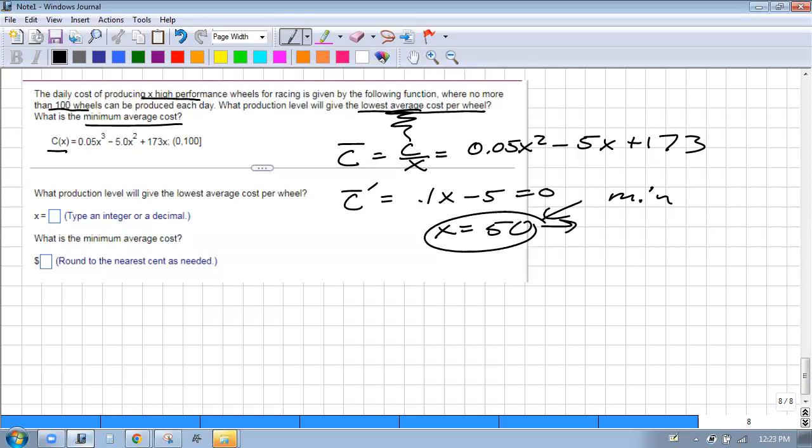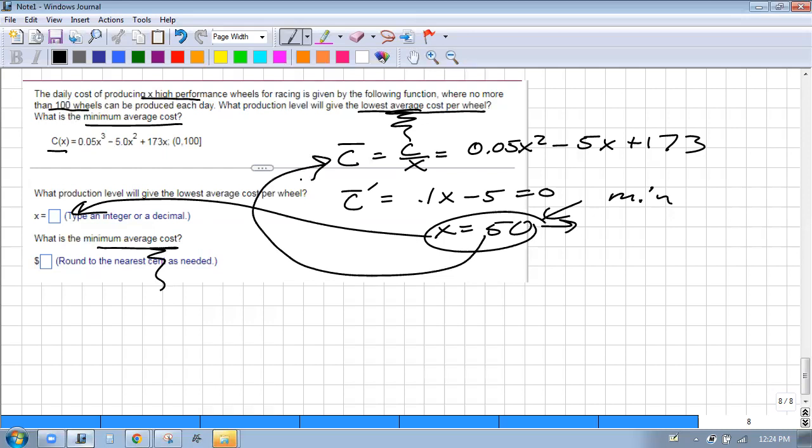Knowing that, they want to know what the actual minimum average cost is. So you'd have to plug this back into the average cost function, plug that in for x. Then you have the actual minimum average cost. We good? All right.